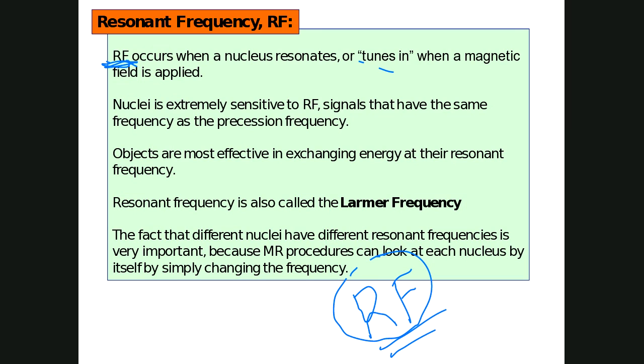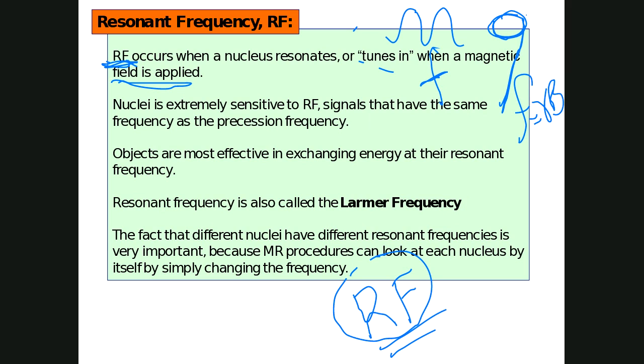In simpler terms, the frequency of an applied electromagnetic wave, an RF, is the same as the frequency of precession. Remember, the proton is precessing at some frequency f, which is defined by gamma B.